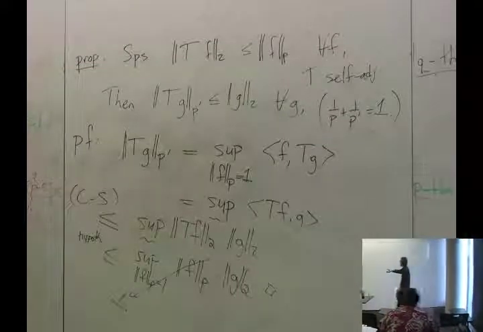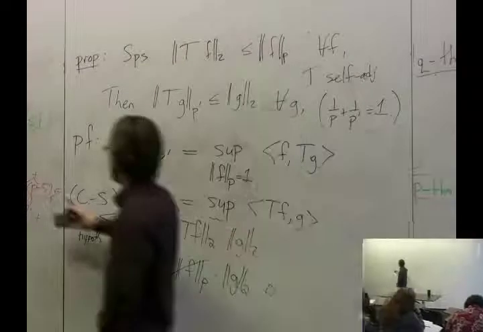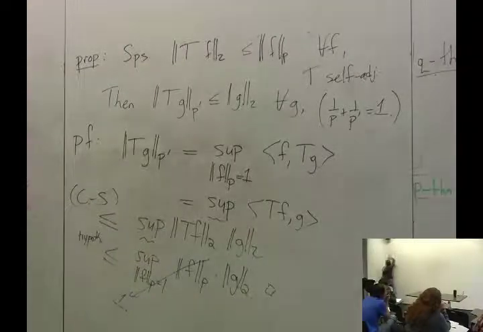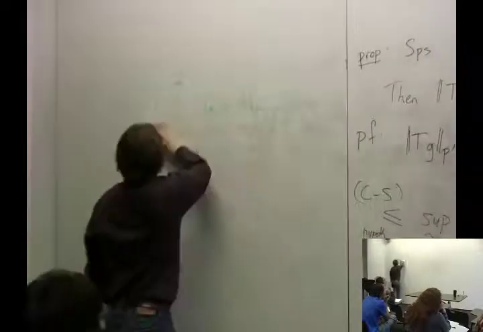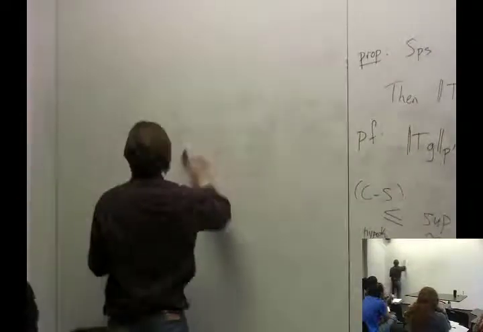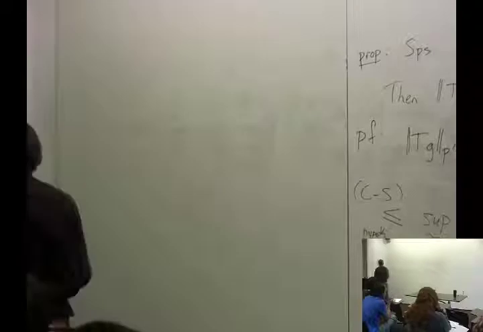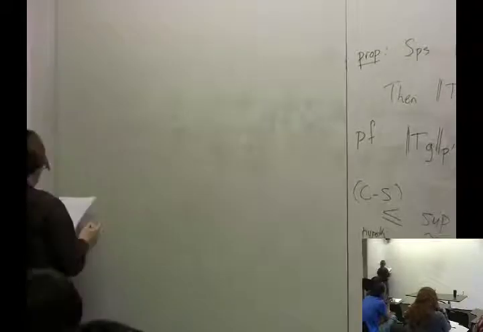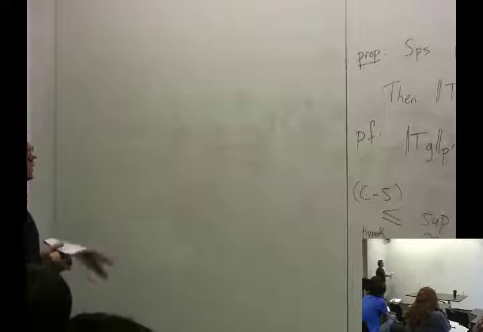Okay, so let me just do the parameters. Why do we get the Q theorem from the P theorem now? It's literally just checking the parameters. Let's see. Yeah.